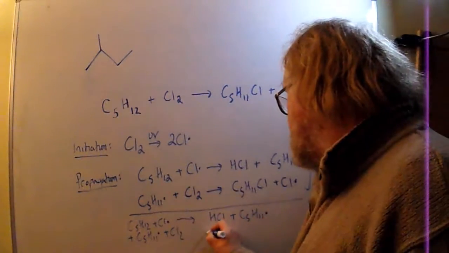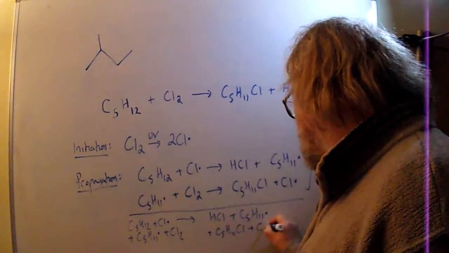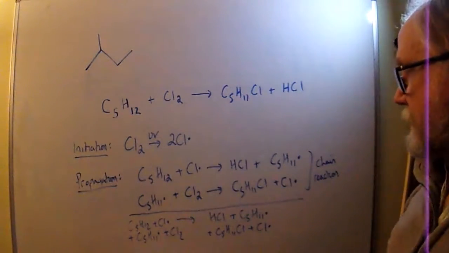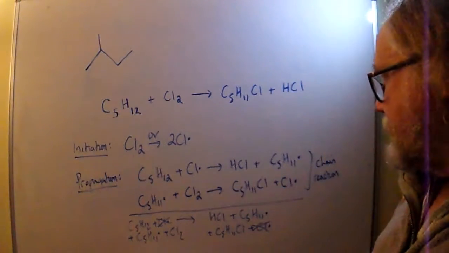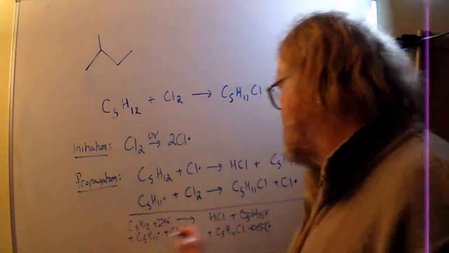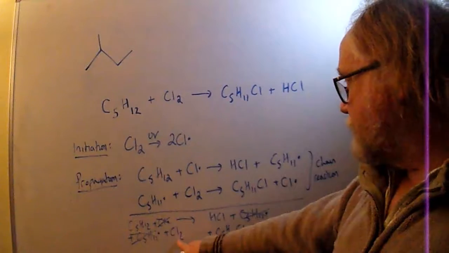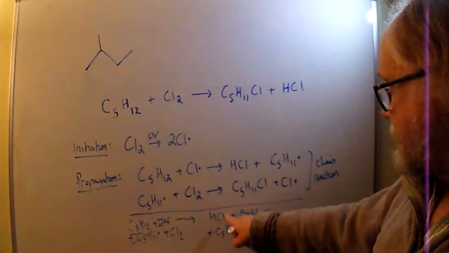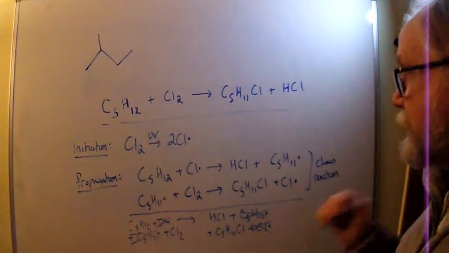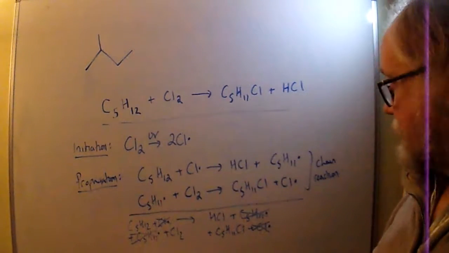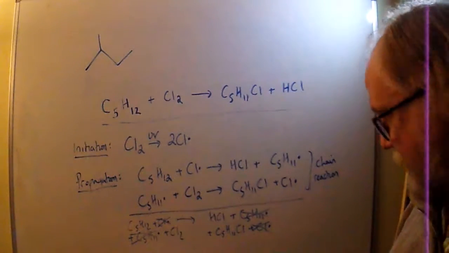If we put all the right hand side things here, and then we look at what cancels. Well, the Cl dot cancels because it's on both sides. The C5H11 dot cancels because it's on both sides, and what we're left with is C5H12 plus chlorine goes to C5H11Cl plus HCl. In other words, we get the overall reaction, and that's what you must get. If you've got propagation right, the two steps should add up to give you the overall reaction equation.